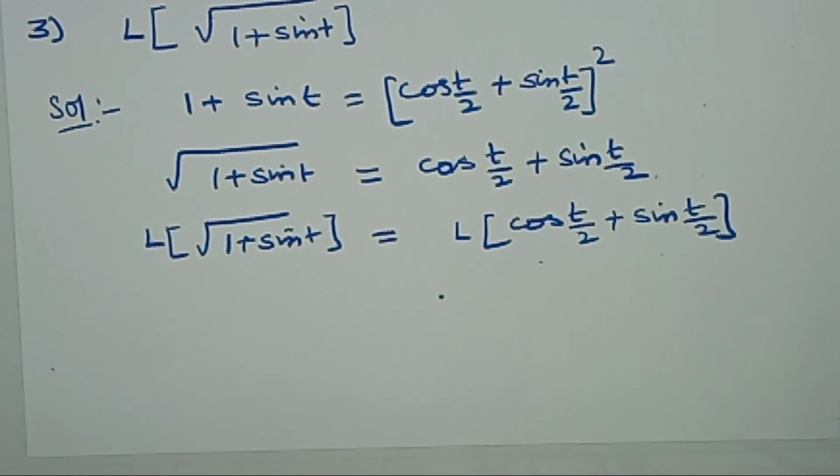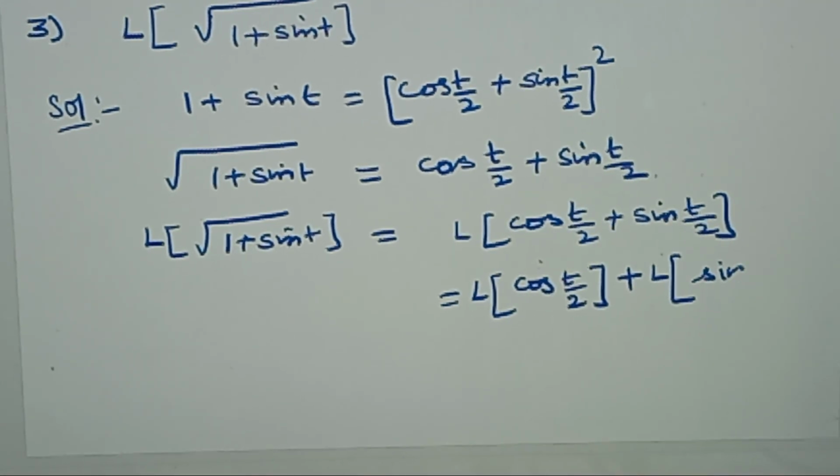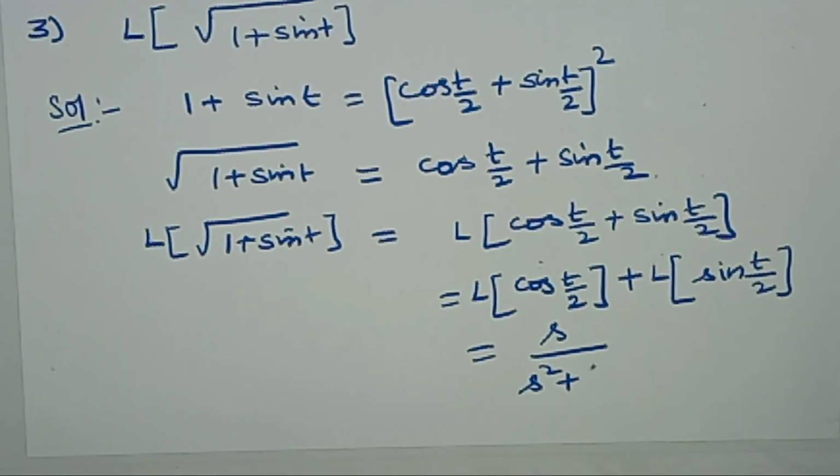Now, what is Laplace transform of cos t/2? Laplace transform of cos at is s upon s square plus a square. What is a here? 1 by 2. Therefore, it will become s upon s square plus 1 by 4.